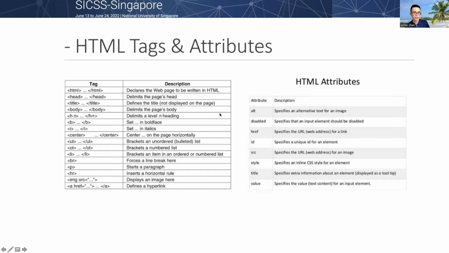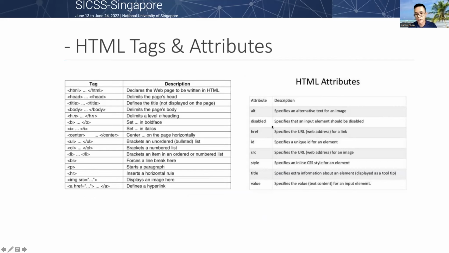And in addition to that, in HTML there are different types of tags and different types of attributes, shown in this table. This tag means declaring the web page to be written in HTML, and head is the page's head, and title defines the title, but is not displayed on the page.